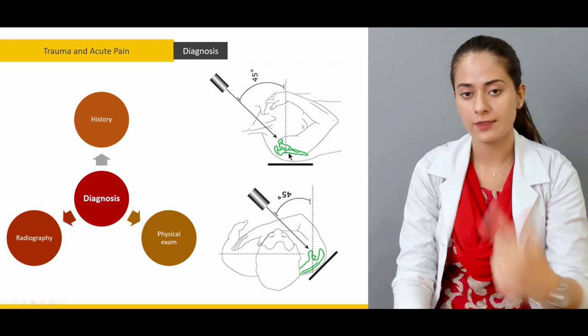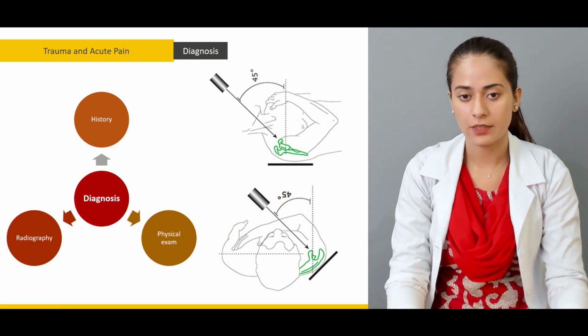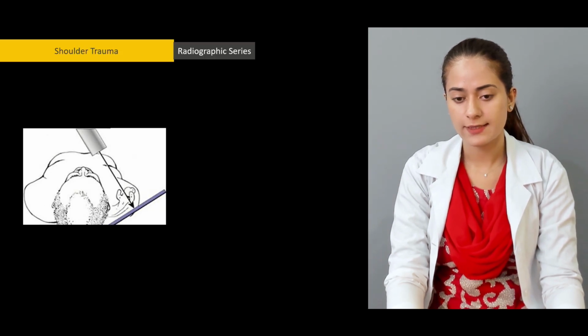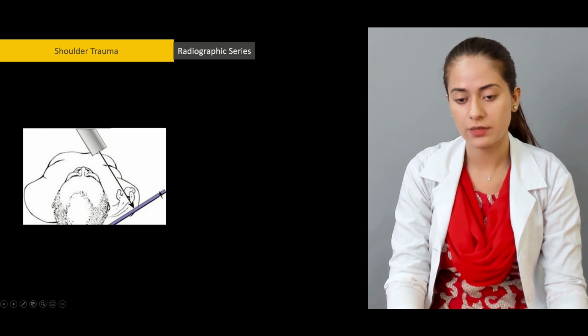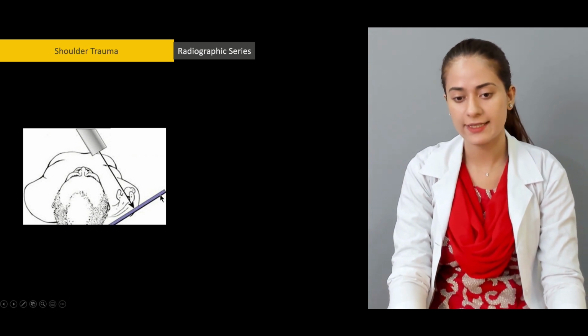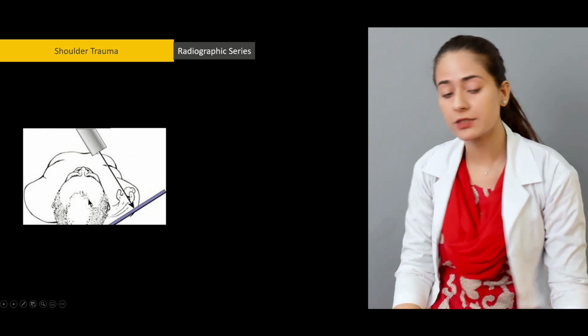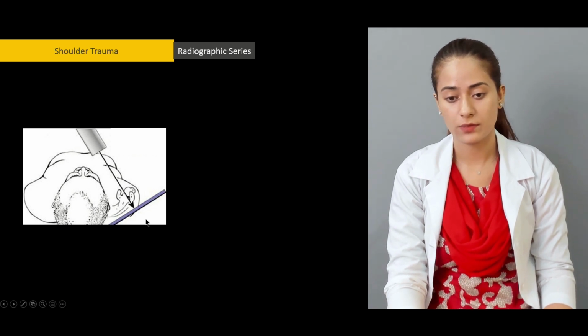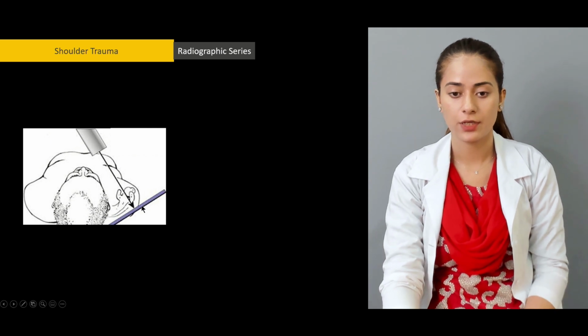We will talk about this in the coming slides as well. We either orient the bucky or the cassette at a 45-degree angle, or we ask the patient to tilt themselves at a 45-degree angle, and the X-ray tube is oriented in this direction.